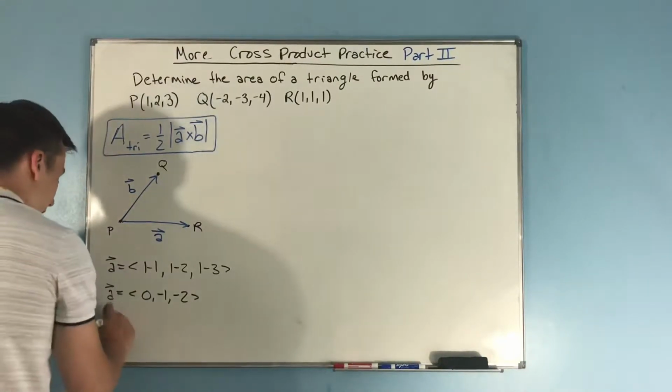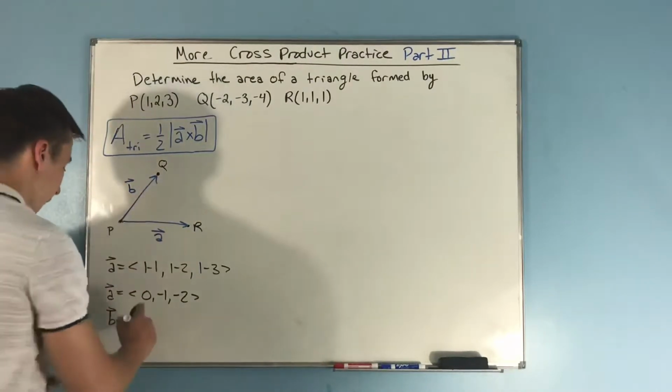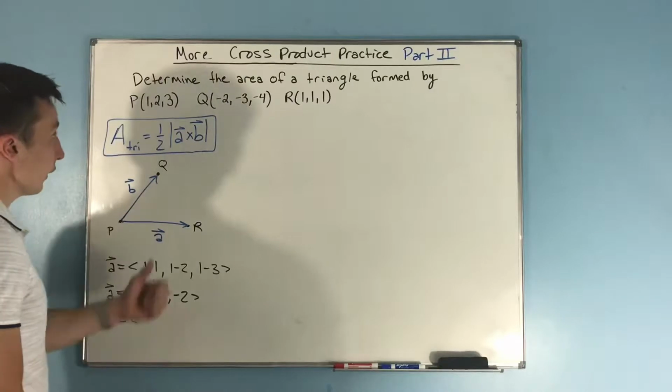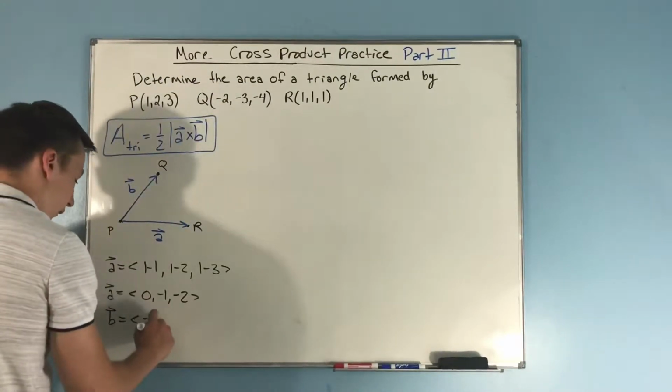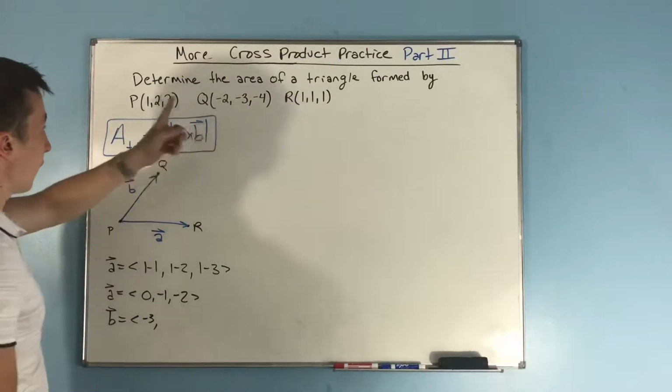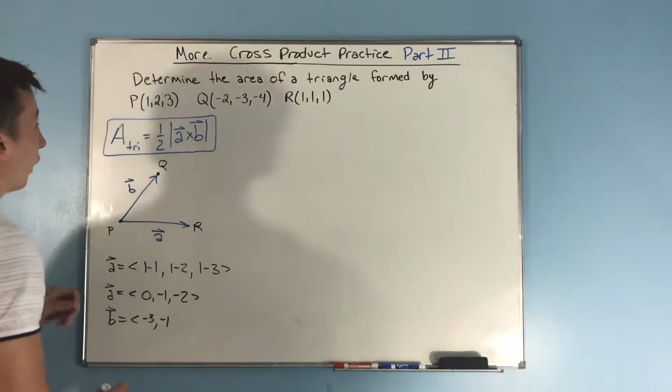For vector B, that's from P to Q. We'll have negative 2 minus 1, so that's going to be negative 3. We'll have negative 3 minus 2, and that's going to be negative 5.